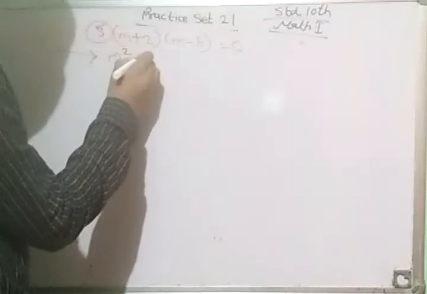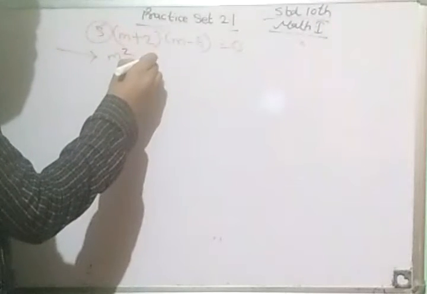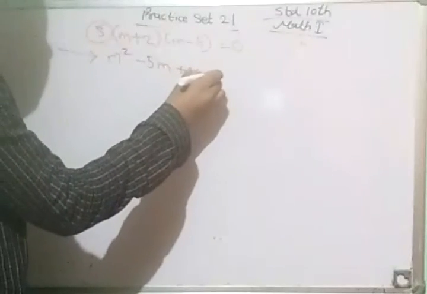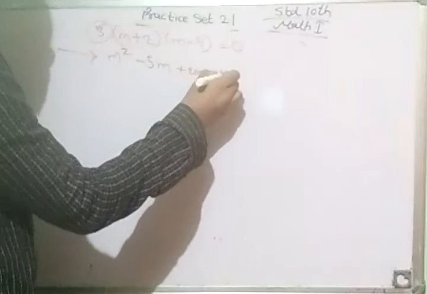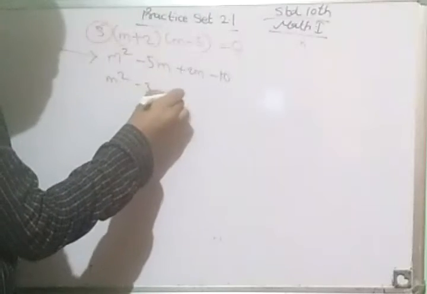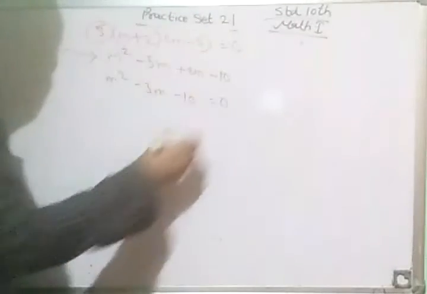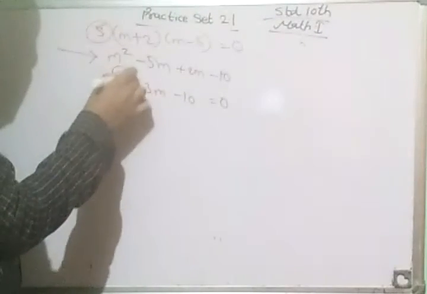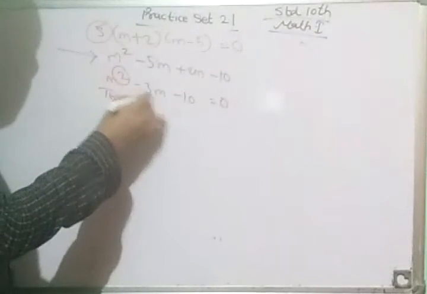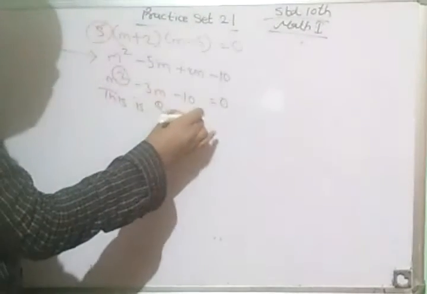So m into m is m square, m into minus 5 is minus 5m, 2 into m is plus 2m, 2 into minus 5 is minus 10. So m square minus 3m minus 10 is equal to 0. So friend, this is a quadratic equation because the highest index is 2 and one variable is included. So this is a quadratic equation.